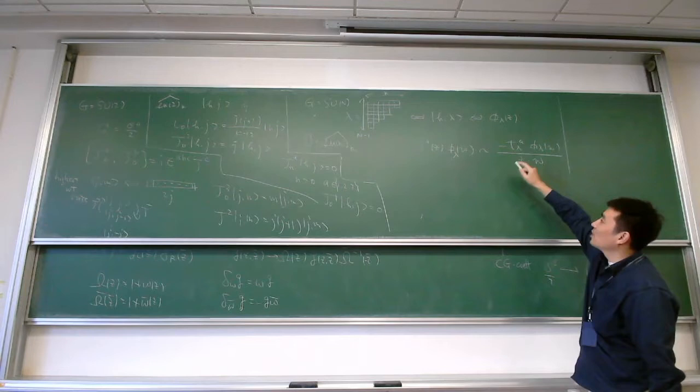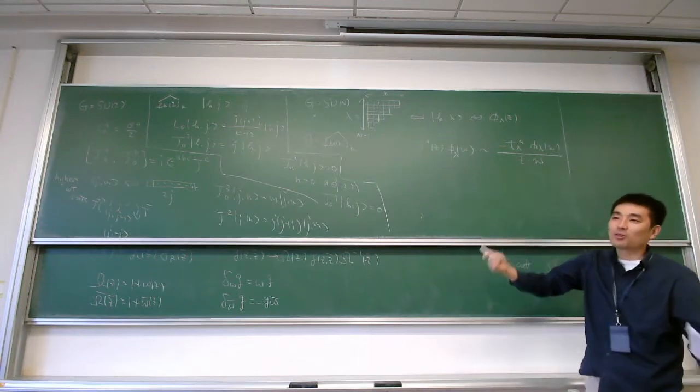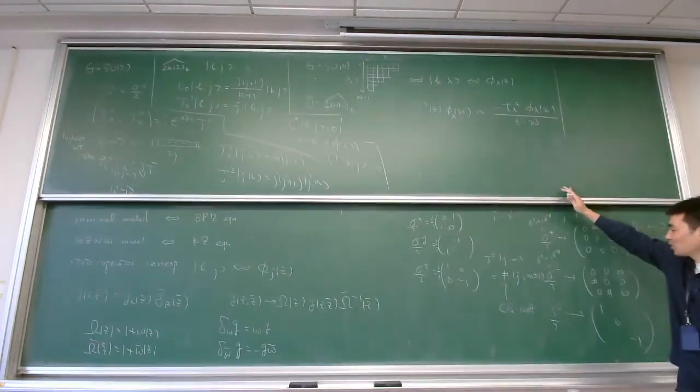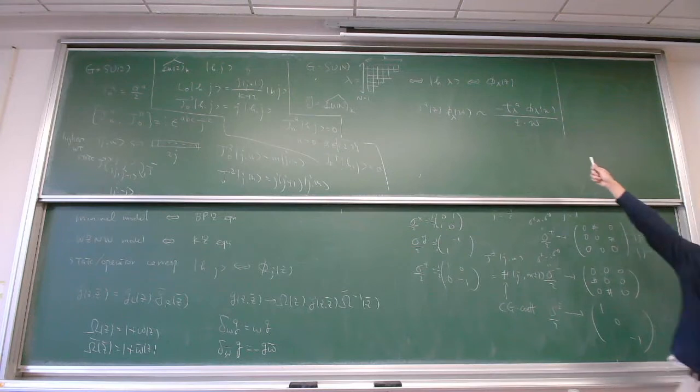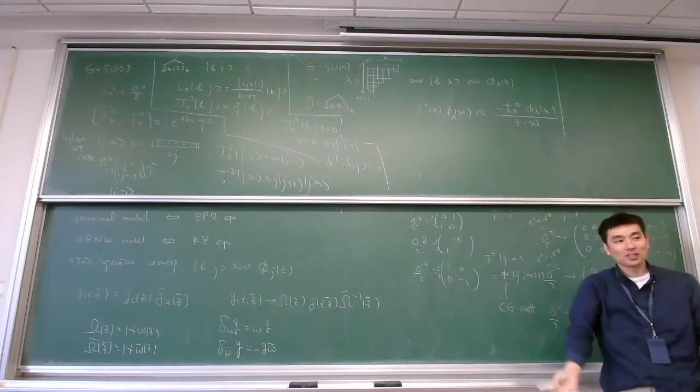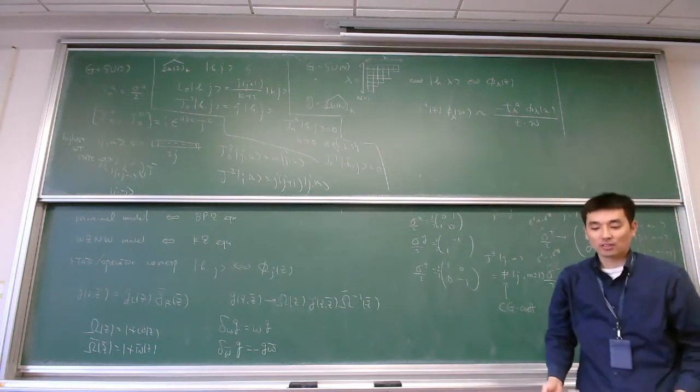In the case of G equal to SU2 and j equal to 1, it becomes a 3 by 3 matrix. And of course, for G equal to SU2 and spin j, it becomes a (2j plus 1) by (2j plus 1) matrix. I hope you understand what I meant by representation. T lambda of A is really the matrix specified by the representation.